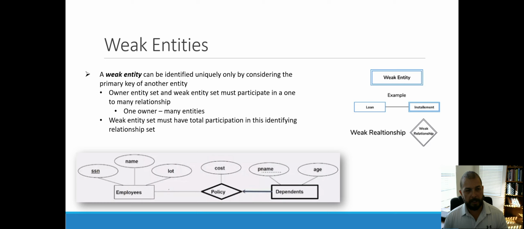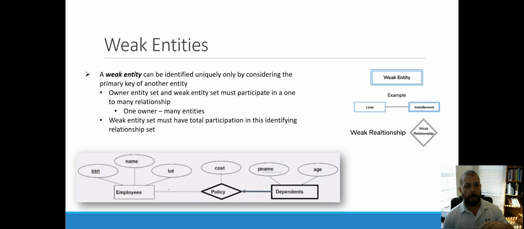This slide talks about weak entities. A weak entity can be identified uniquely only by considering the primary key of another. Remember, I told you there are keys for relationships, so you have to give each entity a primary key. But some entities, some tables, will only exist because of another entity.